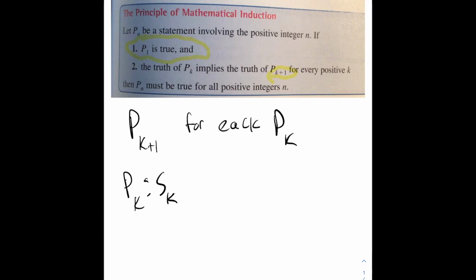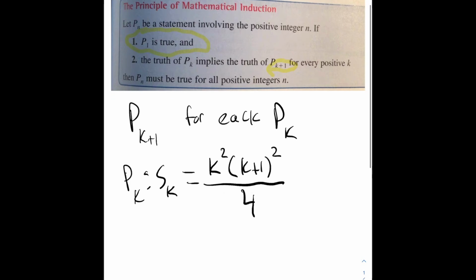So again, what that means is that I'm looking for the induction. I'm going to say, all right, if I have this form right here, K squared, K plus 1, this is what I'm starting with. And then every time I see a K, I'm going to plug in a K plus 1.